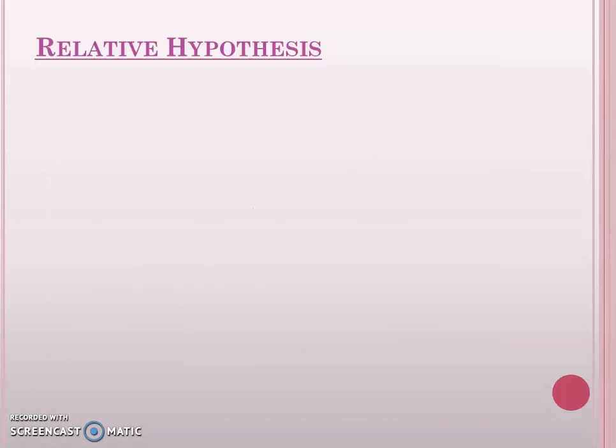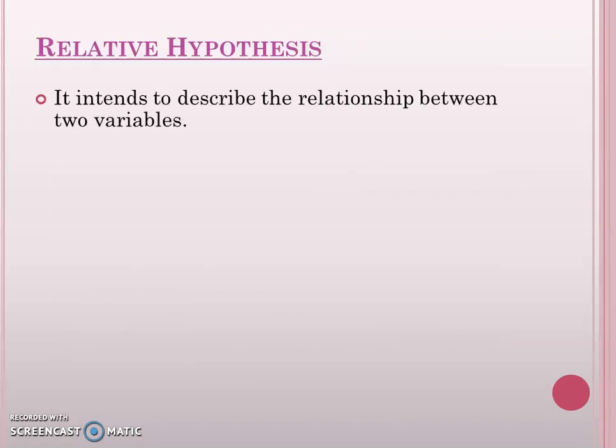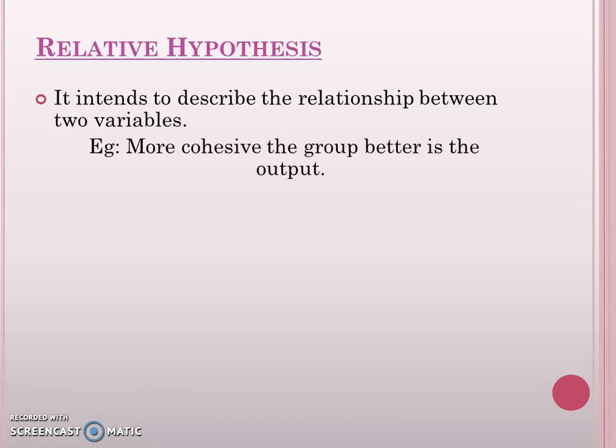And the second one is the relative hypothesis. As the name suggests, it intends to describe the relationship between two variables. For example, the more cohesive the group, the better the output. So we are taking into consideration two variables, the cohesiveness of the group and the output or the performance.